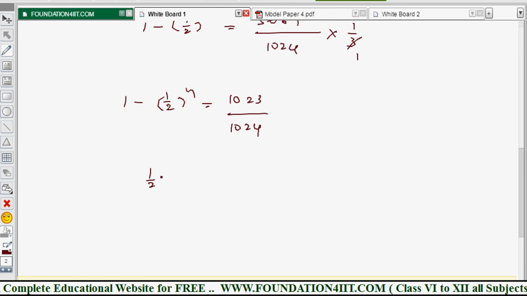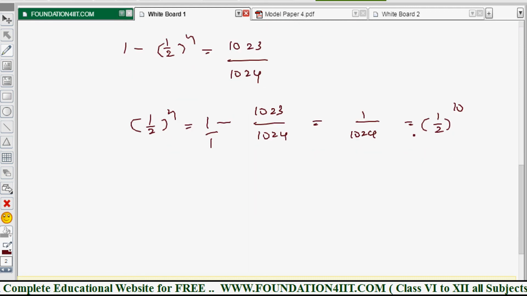Take (1 by 2) whole to the power n on the right-hand side, take the value to the other side, then 1 minus 1023 by 1024. If you do the subtraction, with 1024 as LCM, 1024 minus 1023 is 1. So this is 1 by 1024, which is (1 by 2) whole to the power 10.